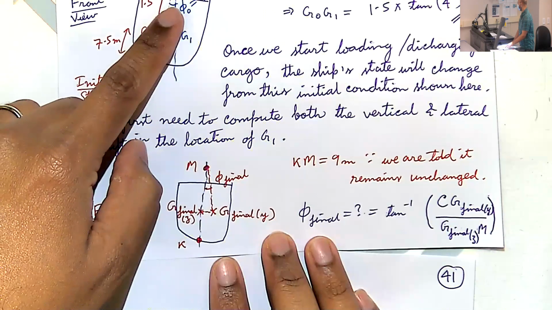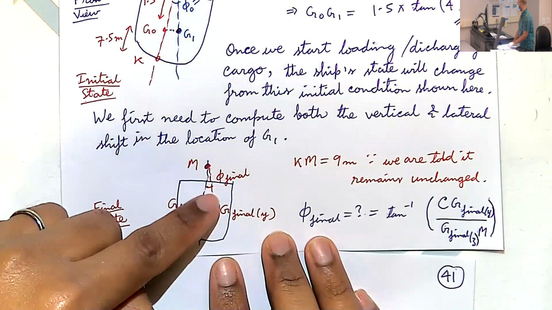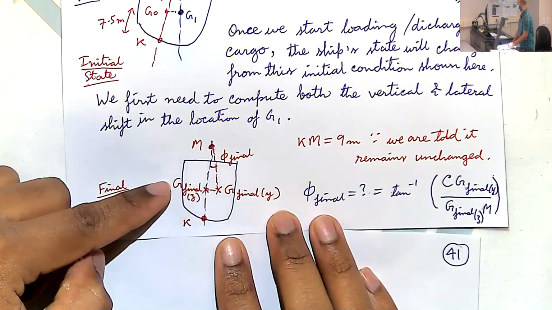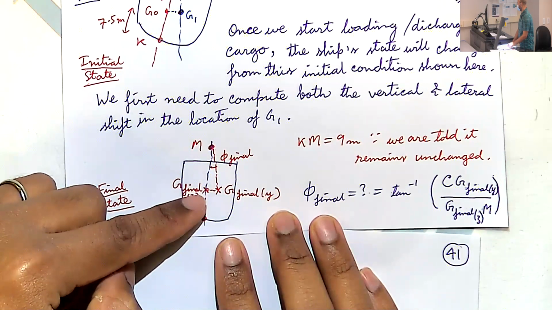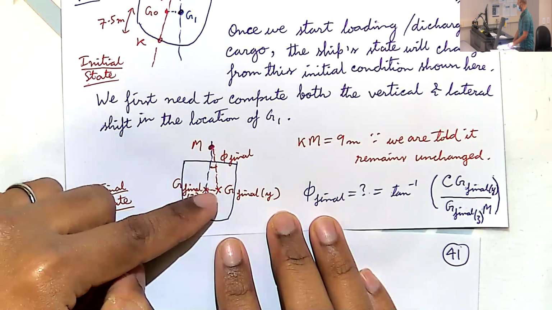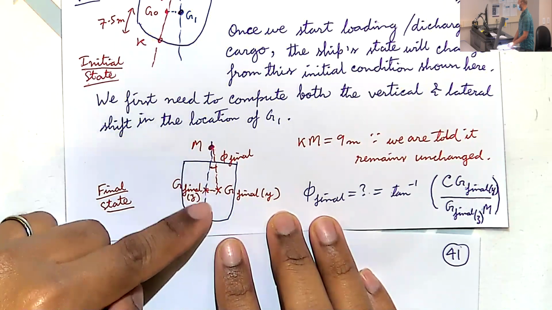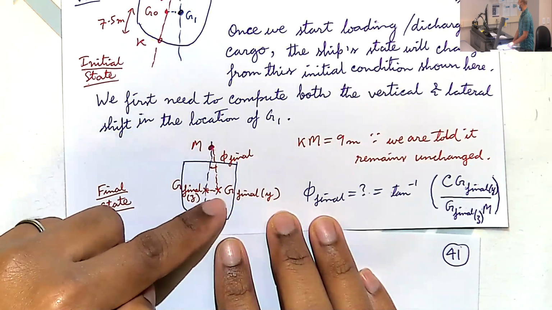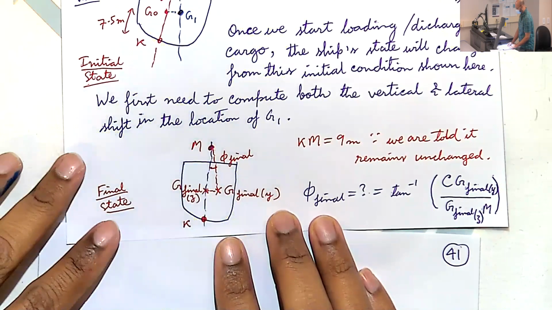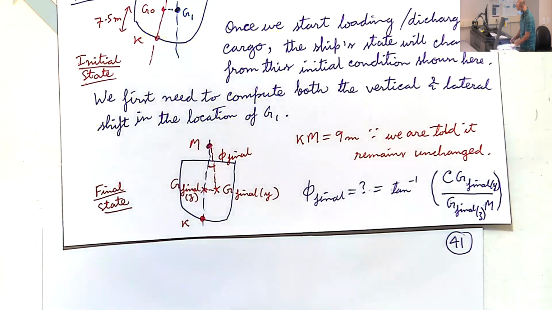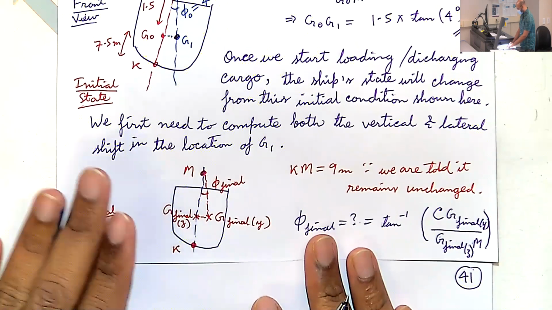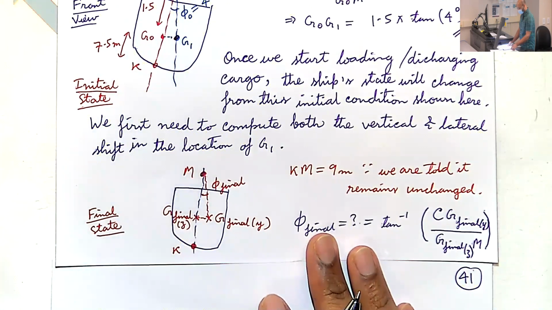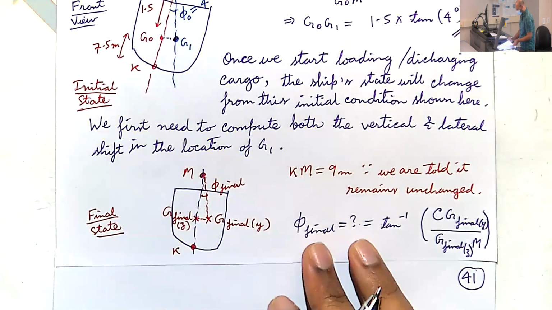So our G1 has shifted to this G final position, and the corresponding horizontal location on the center line I've marked as G final Z, and the G final itself are marked as G final Y. All right, so how do we compute this shift in G1 to G final using the info given here?